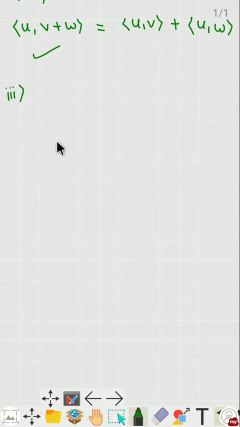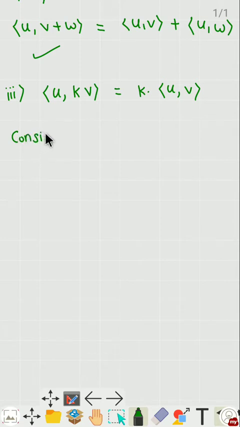Third part to prove: inner product of u with kv is the same as k times inner product of u with v. Consider the left hand side, inner product of u with kv.